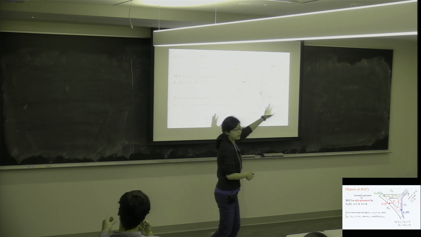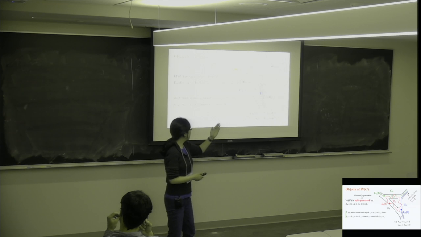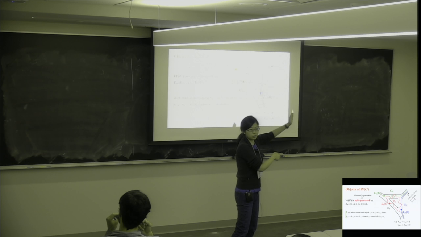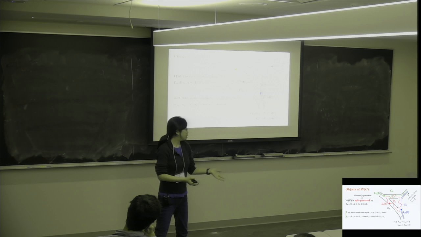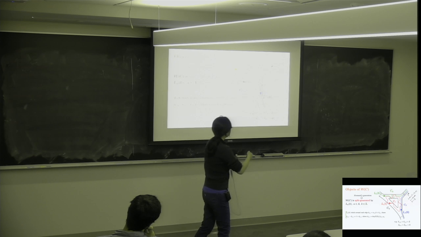So it's a cylindrical end. And we want to only consider Lagrangians that are conical, so parallel to the Liouville flow in this cylindrical end. So we have compact Lagrangians and also non-compact Lagrangians that are parallel to the Liouville flow in the cylindrical ends.